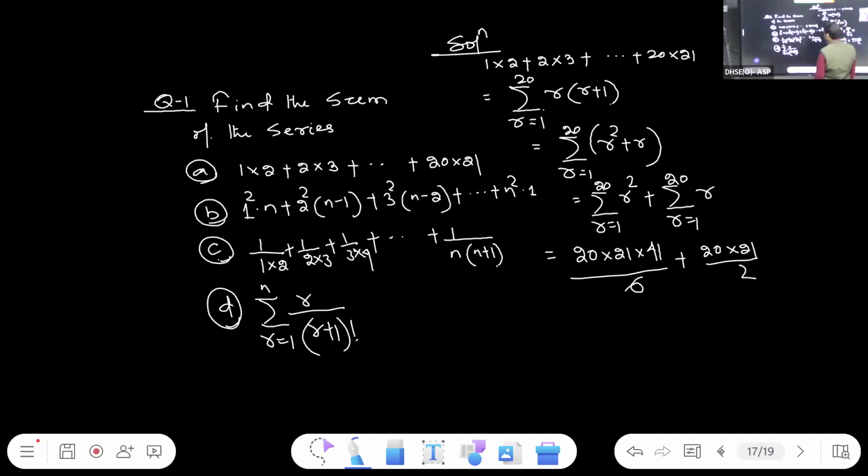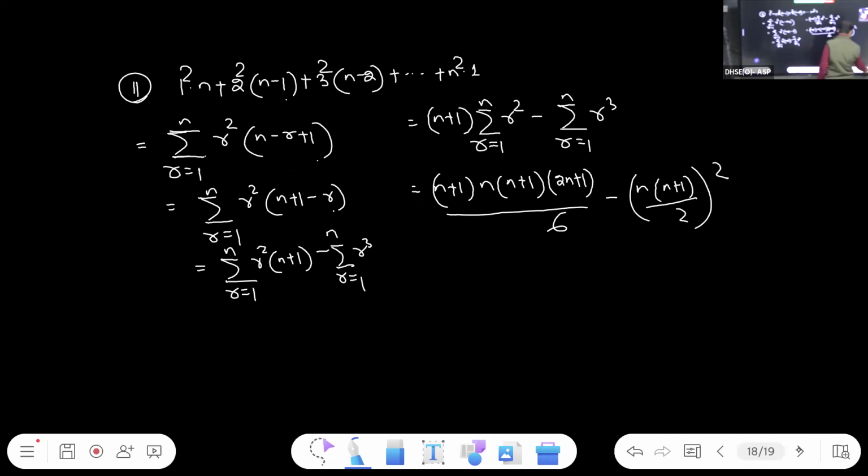Sigma r is equal to 1 to n r upon r plus 1 factorial.